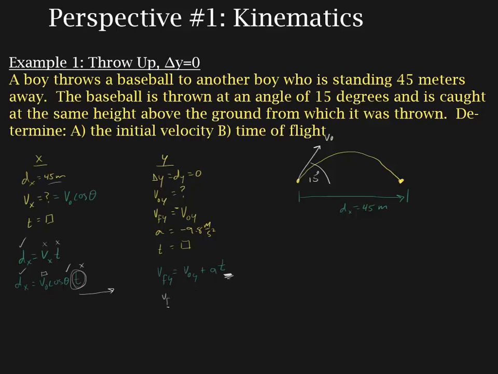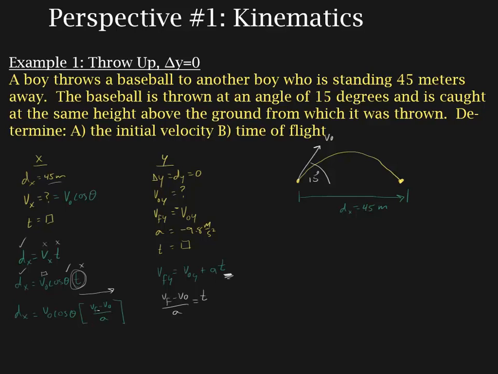So we get v final minus v initial divided by a is equal to t. So let's put that into our other equation. And we get dx is equal to v initial cosine of theta times the quantity v final minus v initial divided by a. Okay, so this is all for the y dimension.